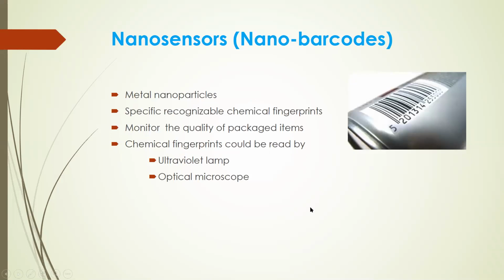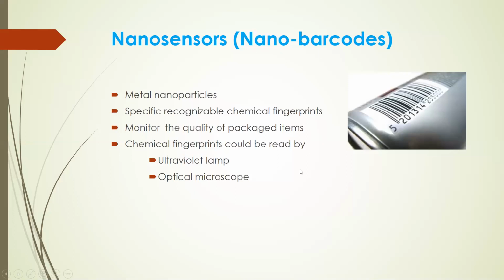Then another type of nanosensor that could be used in order to detect the contamination in the food is called the nano-barcode. Nano-barcodes are those nanosensors that are mostly used to detect the contamination in packaged food. So this is mostly associated with packaged food.